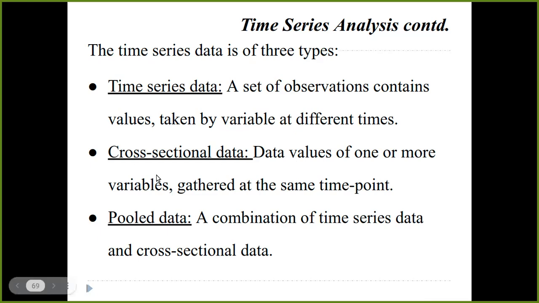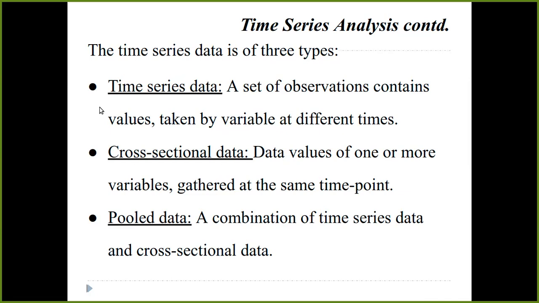One or more variables, it means that consider I wanted to calculate sales of a computer or sales of cell phones. With sales of cell phones, if I'm calculating the reduction of textbook sales, then here I'm observing 2 variables.